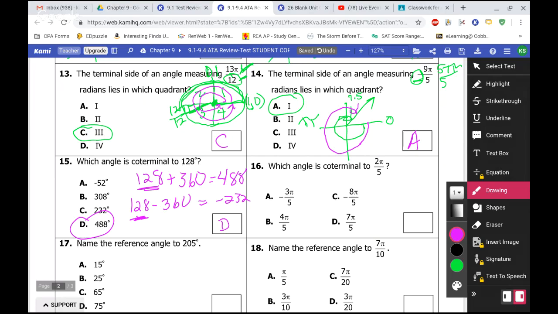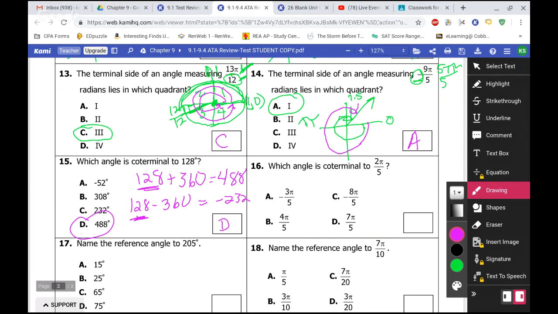So it would either be 360 or 720 or something like that. Does that make sense? So if I was at a positive 500 and I needed a negative coterminal, I'd subtract 2 sets of 360, right? Yes. Got it. Great clarification questions. Thank you.